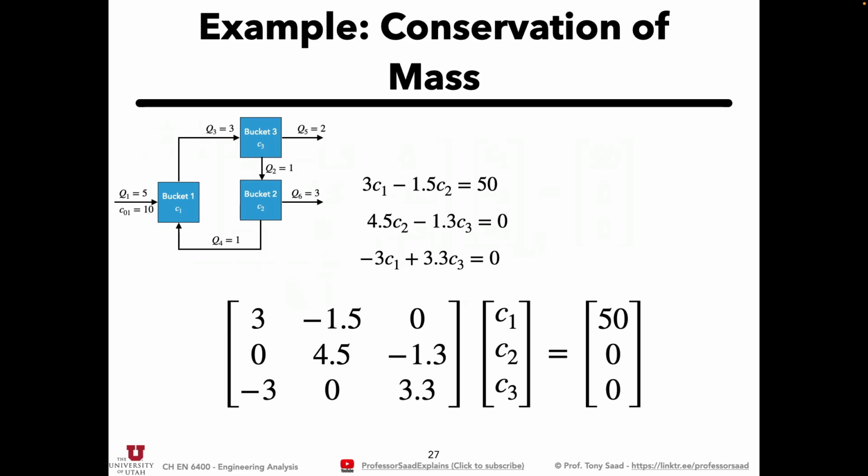It has to do with the structure of how these are connected. This is a known quantity. Even if I had a known one coming through here, it will always show up on the right-hand side. Why? Because we separated what we don't know on the left and what we know on the right. So if I'm changing anything I know about the system, if I'm changing anything that's known unrelated to the variables or the unknowns, it will only show up on the right-hand side.